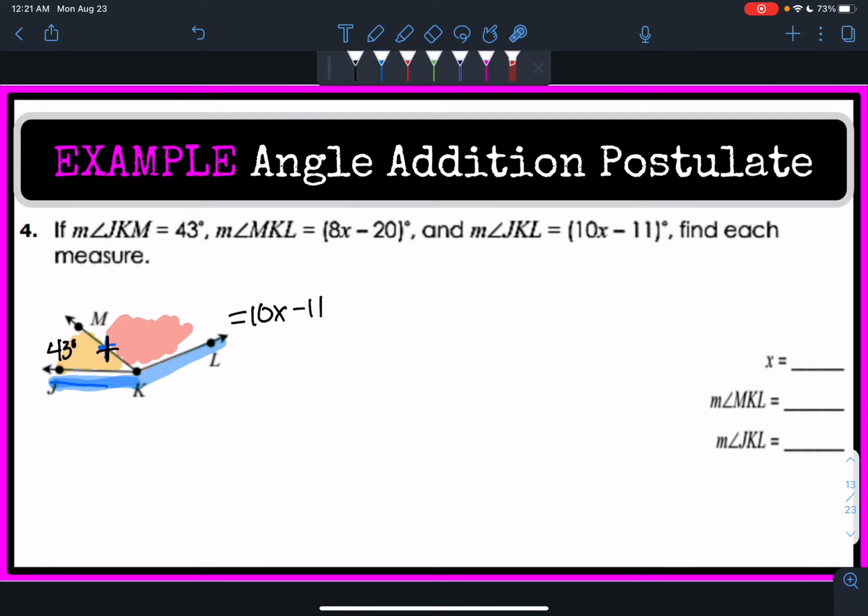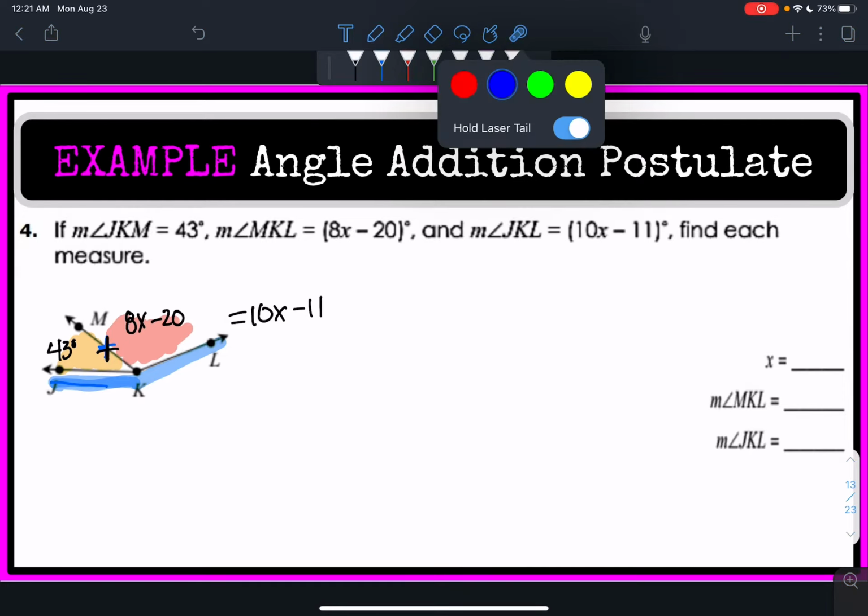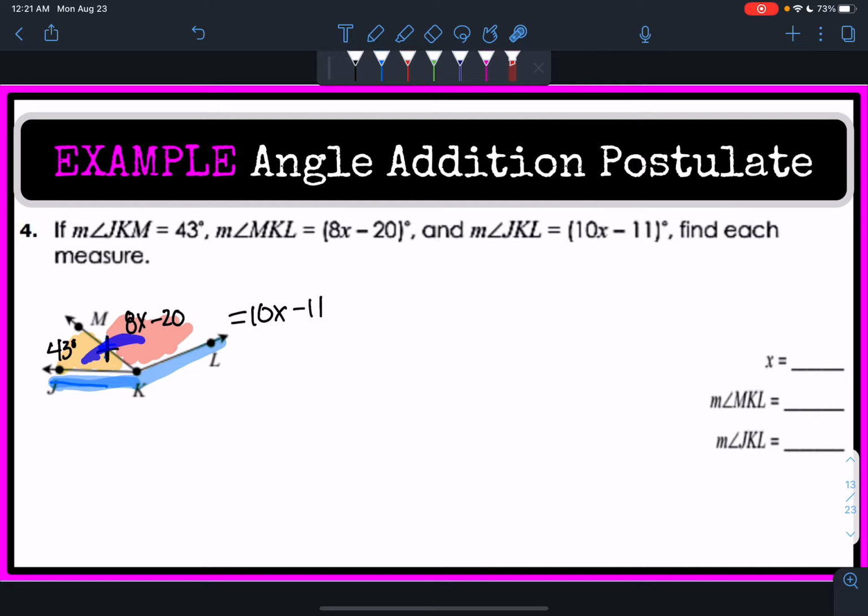The red section, from letters M, K, L, the name of that angle is MKL or LKM, where K again is in the middle, that's equal to 8x minus 20. So by adding those two angles, the orange and the red, that has to equal 10x minus 11. So that's how we're going to set up our equation.